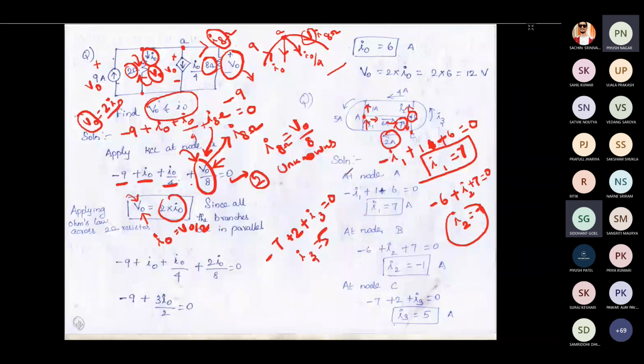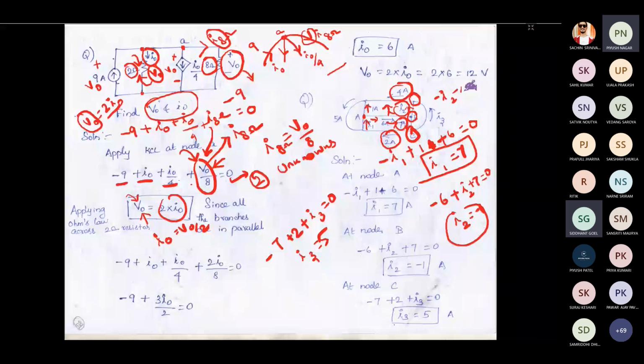Or you can apply KCL at this node also. Because already 4 ampere is given, and I2 we have calculated before, you can apply KCL at this node. Here I2 is coming in, I3 is also coming in, and this 4 ampere is going out. So minus I2 minus I3 are incoming, plus 4 ampere is equal to 0.